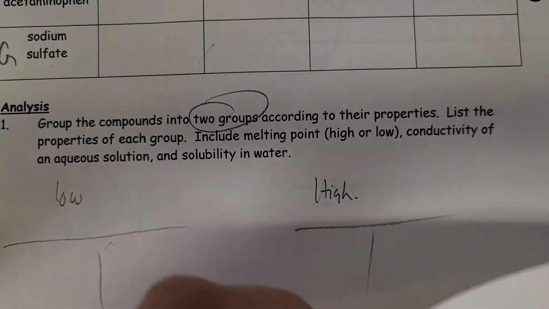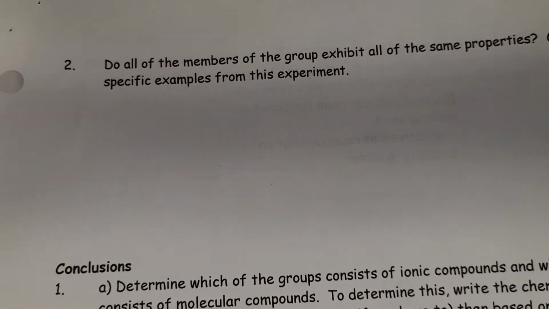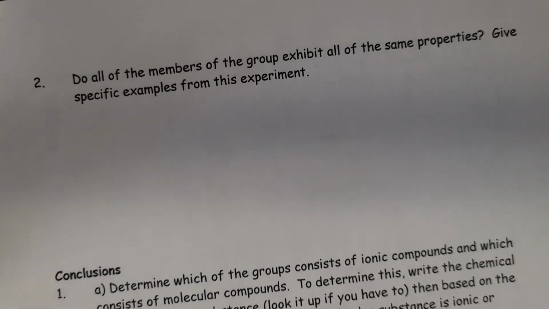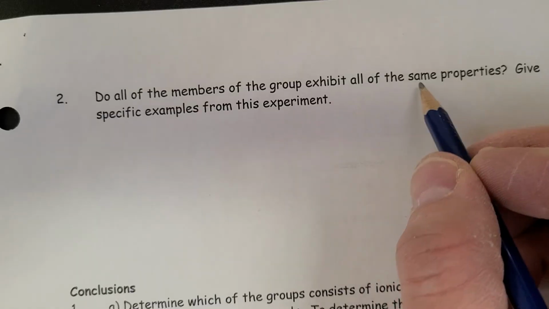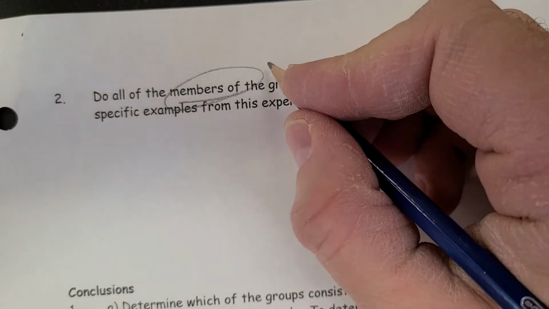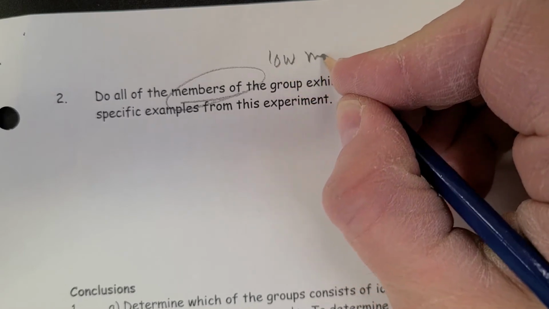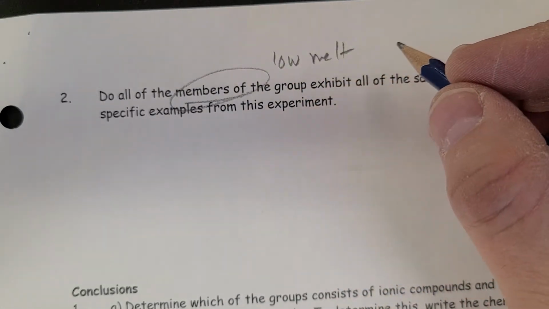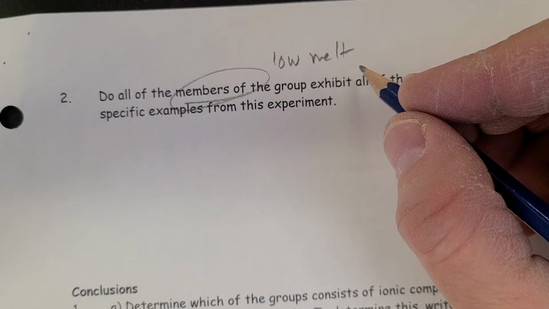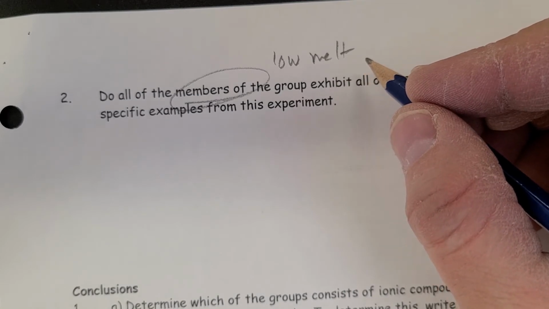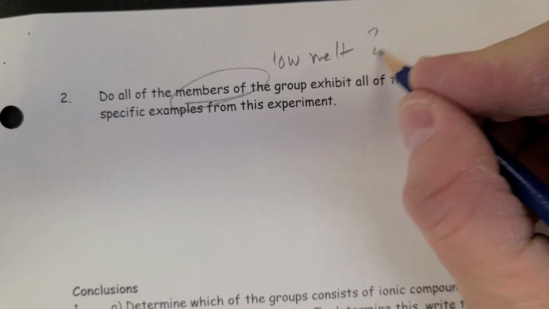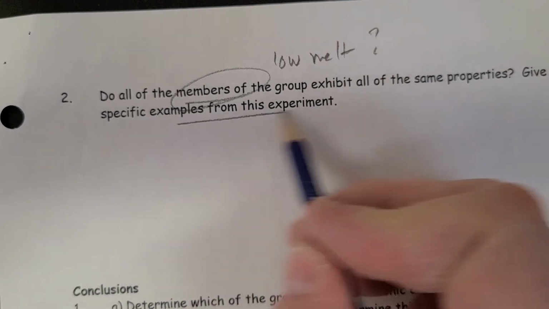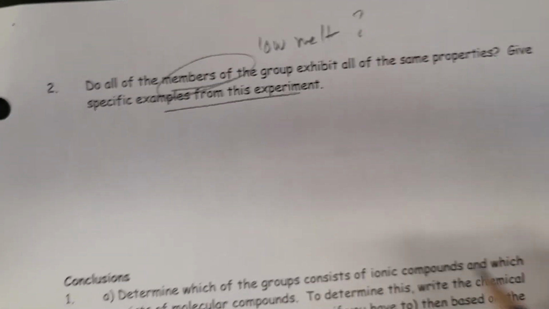Then the next question, number 2 on the next page, asks whether all of the ones in the same group, say all the low melting ones, have the same properties in terms of solubility and conductivity. Then give an example from the experiment.